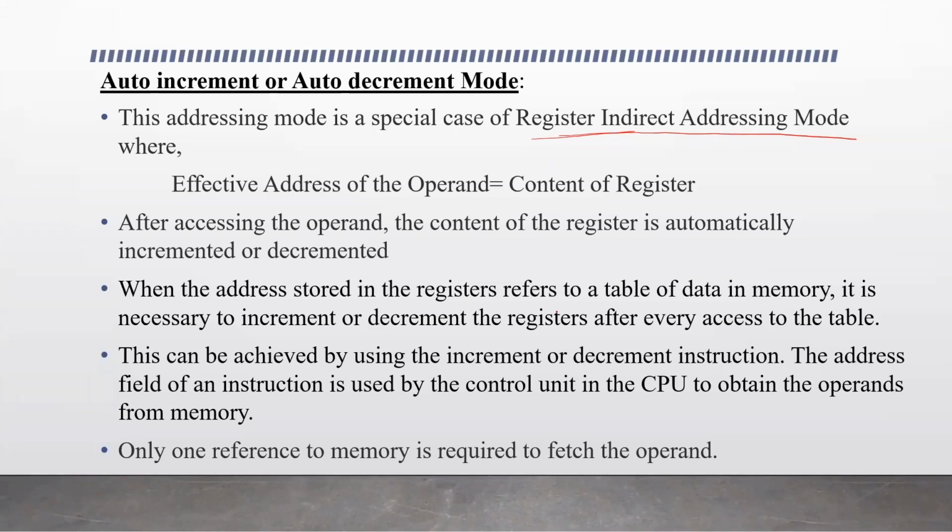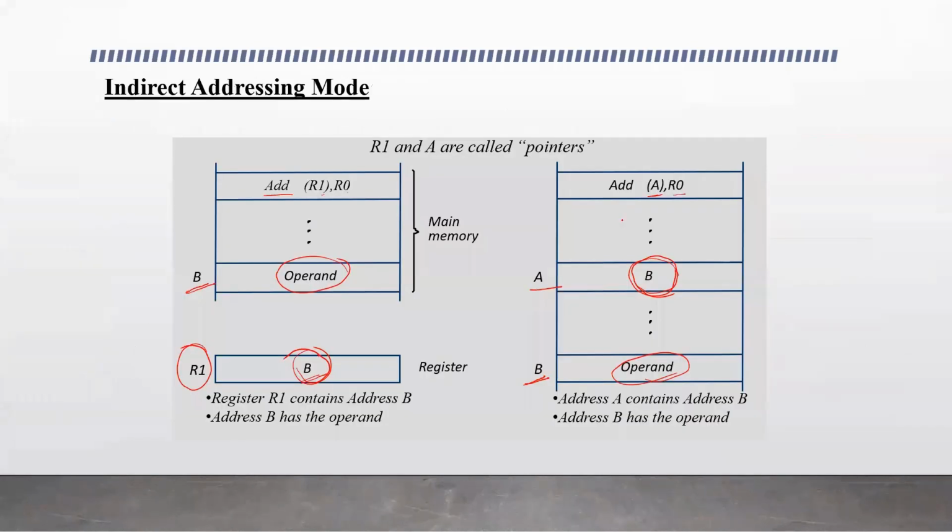It is used to refer to a table of data in memory. Let's extend this part and say at location B, we have an operand and we have a table of data here. At location C, this location is identified as memory location 2000, and then location 2001.